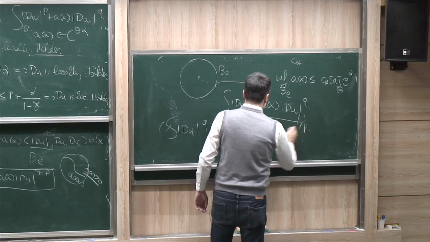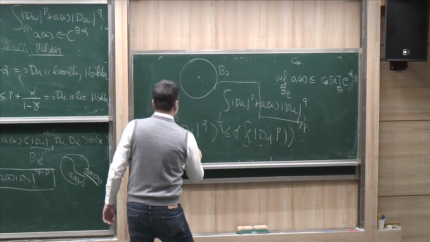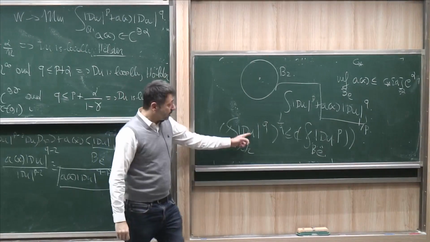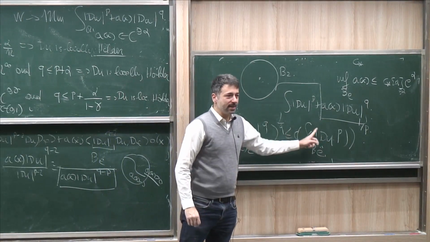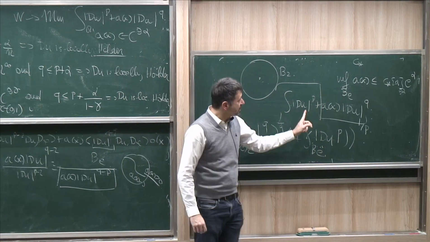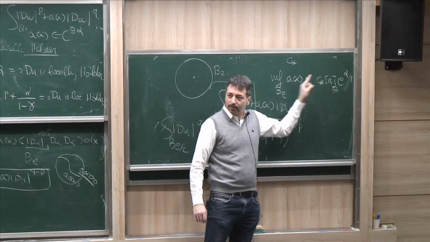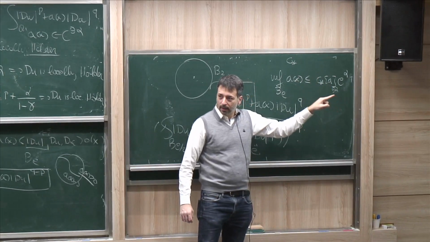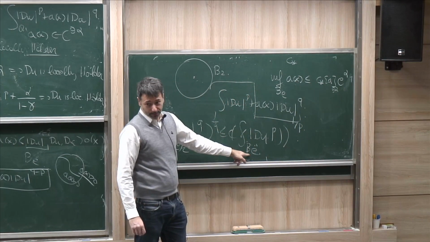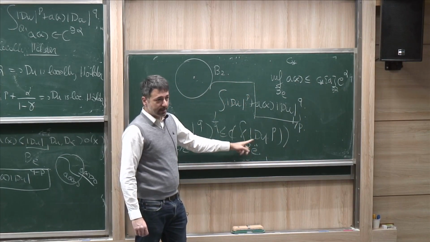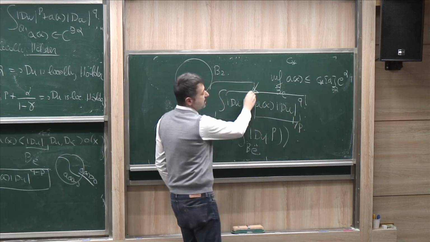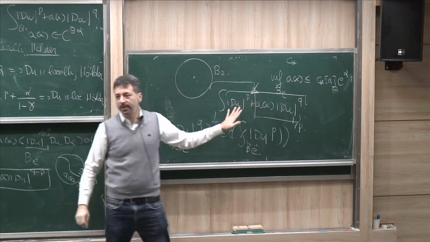This is a typical reverse Hölder inequality that certainly cannot hold at every scale, because this is a homogeneous inequality while the functional is not homogeneous. But when you prescribe that this condition is satisfied on that ball, then the reverse Hölder inequality happens just on that ball, not at every ball. And this is the sign that the whole object behaves as this guy. So this is the leading term, and you are reabsorbing this.